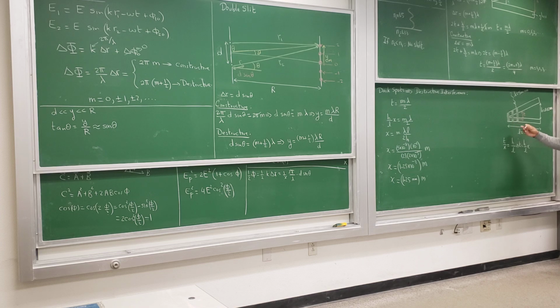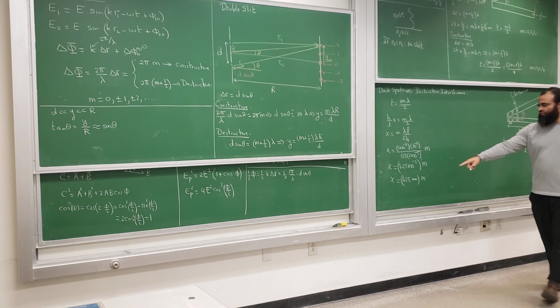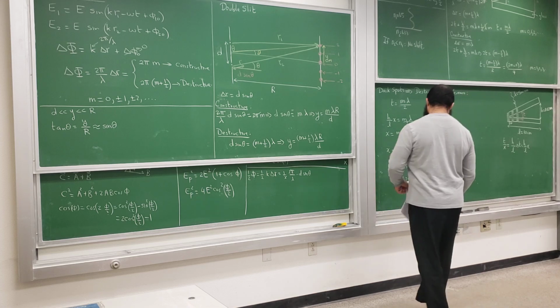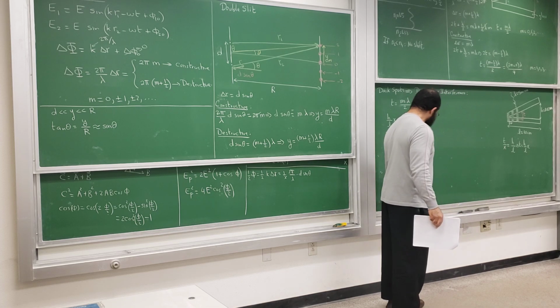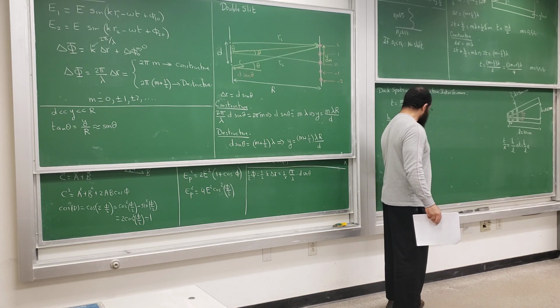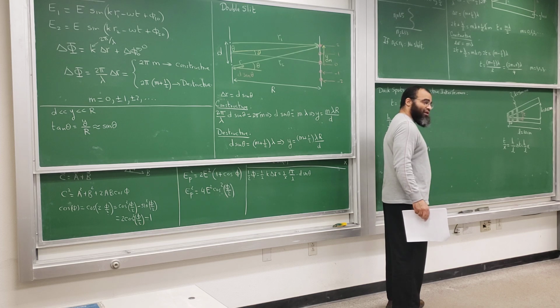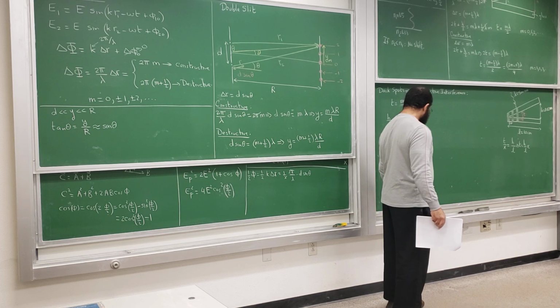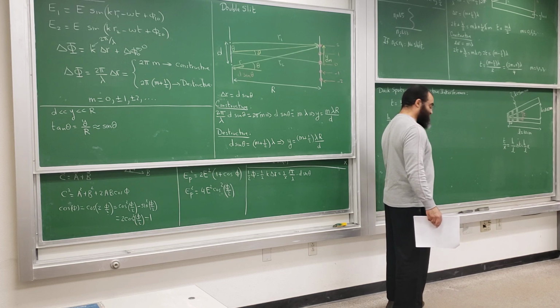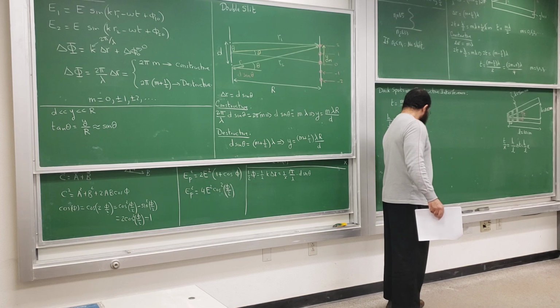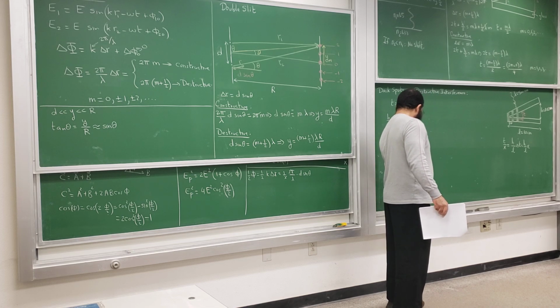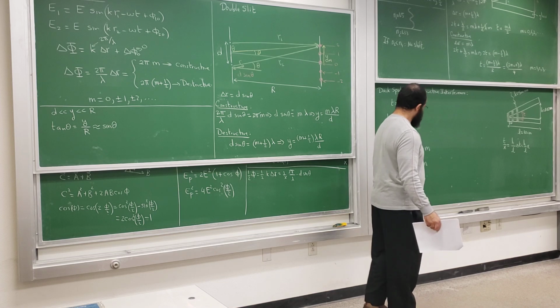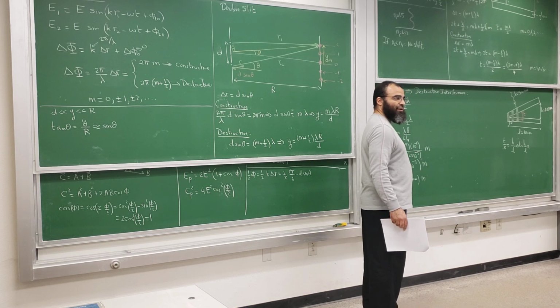The distance between two adjacent dark spots, for example the first two: the first dark spot is at x equal to 0, and then the second dark spot is when m is equal to 1. So that distance would be 1.25 millimeters, and so on. Does that make sense? Okay.